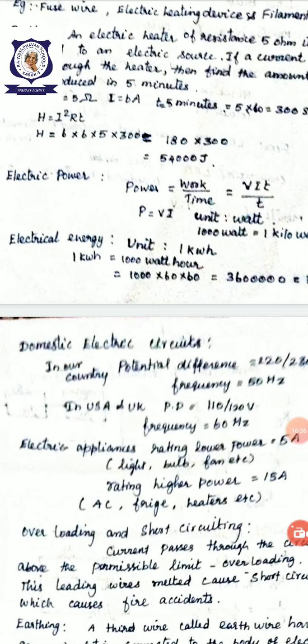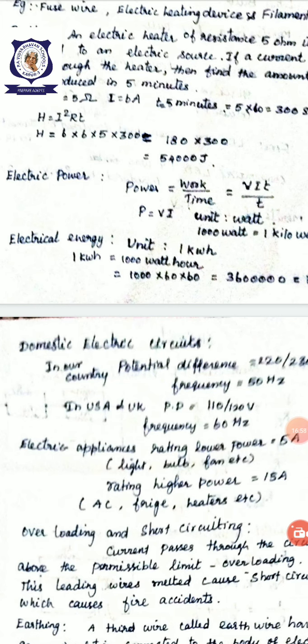In all the household appliances we know, for example a tube light, 40 volt, these details are given on the appliances. For example, TV, fridge, everything has its own voltage and how much power it consumes.